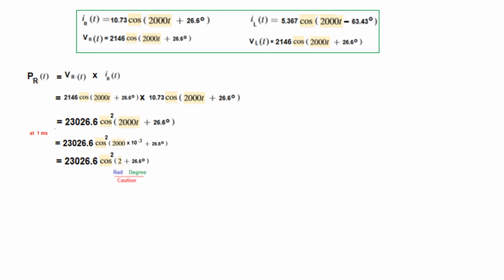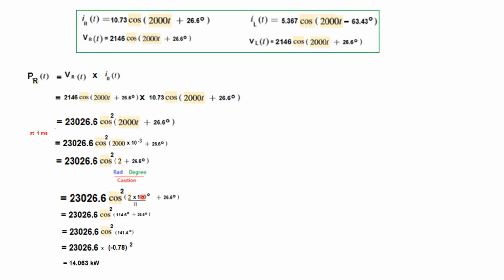Now here is a caution: this 2 is in radians and this is in degrees, so we can't add them. We have to convert either this radian into degrees, or this degree into radians. Since most of our calculators are generally set for degrees, it is better that we convert this into degrees, and the procedure is that we multiply 2 by 180 degrees and divide it by pi.